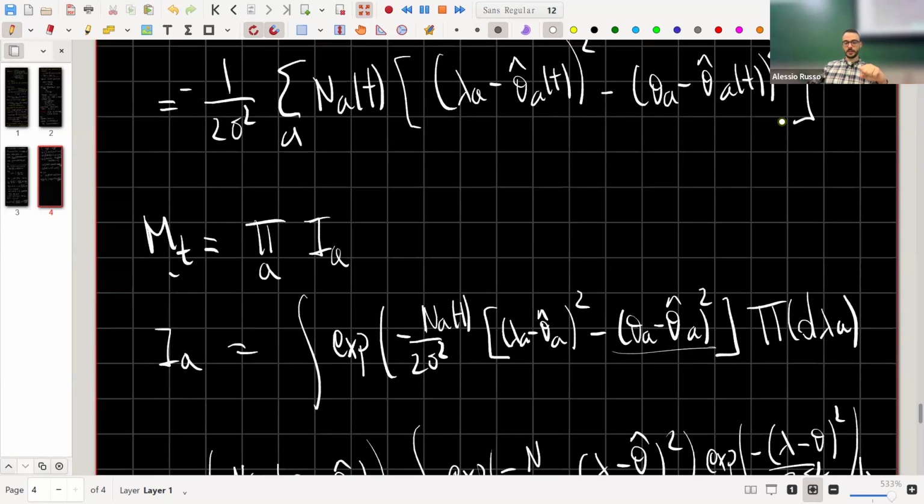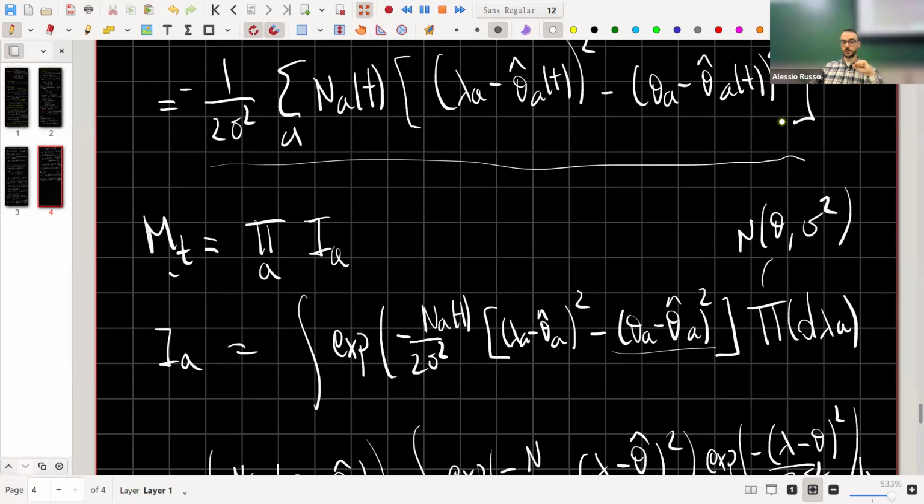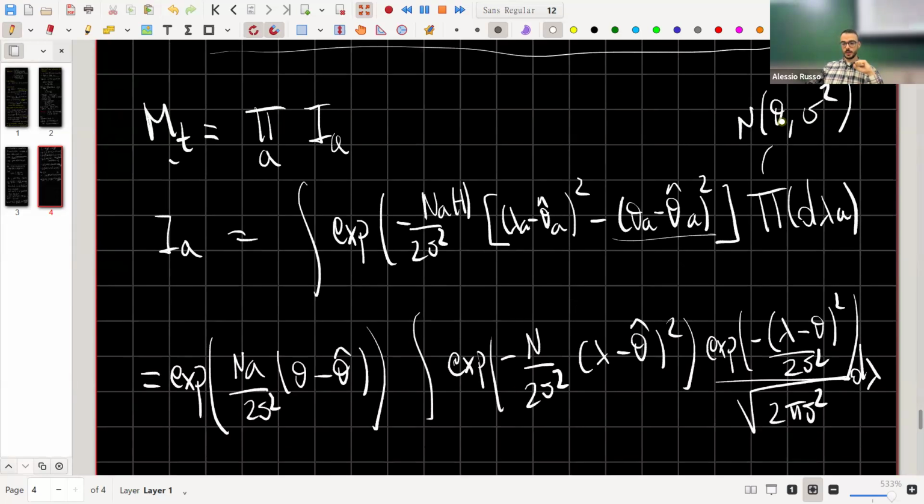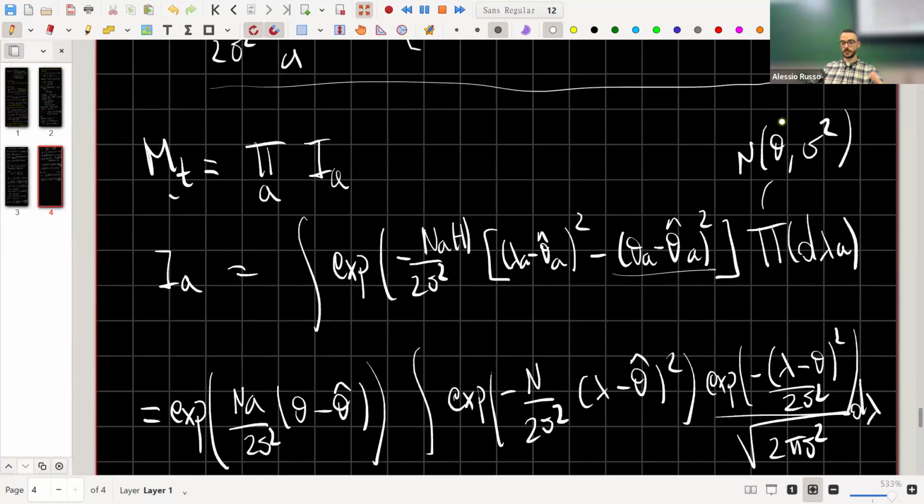And this IA, it's just the integral of this exponential, and in the exponential we have this quantity that we derived before. We are taking an integral with respect to a Gaussian prior, and the Gaussian here is of parameter theta and variance sigma squared. So we can simply rewrite the integral, writing explicitly the density, and this is the density of this prior.